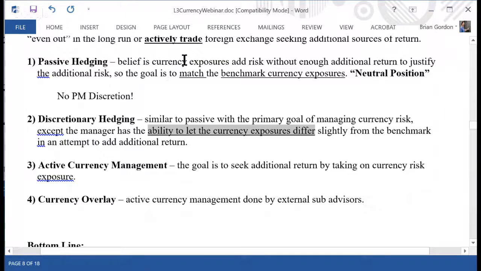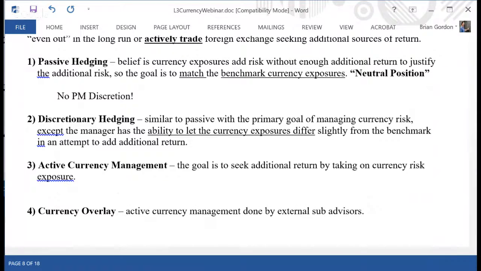So the difference between passive and discretionary, obviously, is the manager now has the ability, based on their discretion, to stray from the neutral position. Active currency management now, well, of course, now what are we doing? This is the extension of the discretionary. I'm just trying to think about a theme of how they can apply this. Just think about full discretionary.